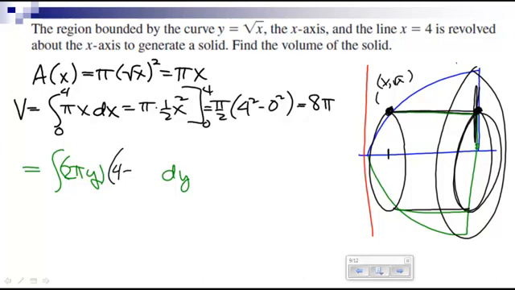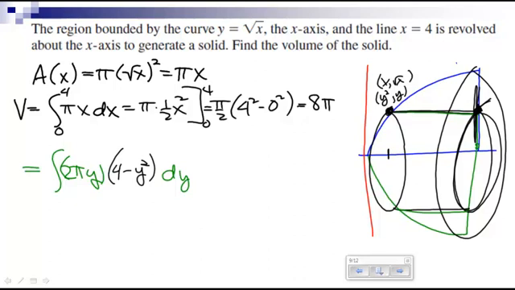Can I call it y squared? Is that the relationship between its y coordinate and x coordinate? This point right here has an x coordinate of y squared. This one over here has an x coordinate of 4. That distance is 4 minus y squared.